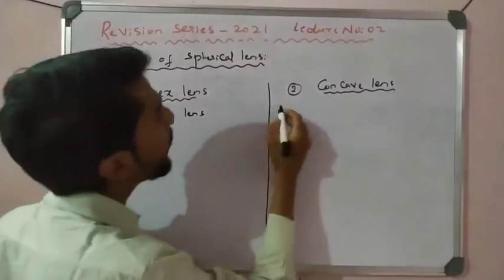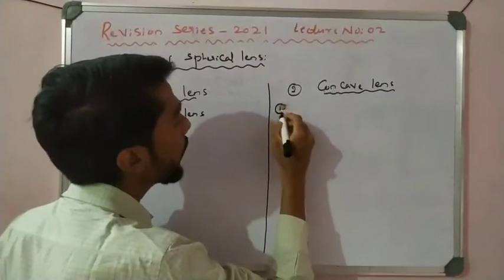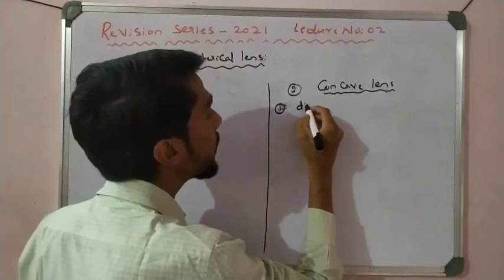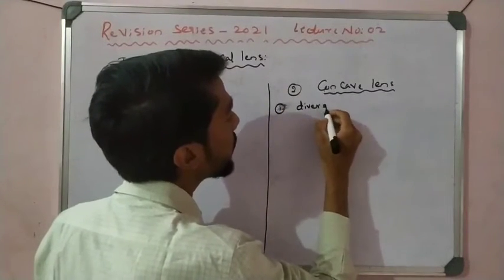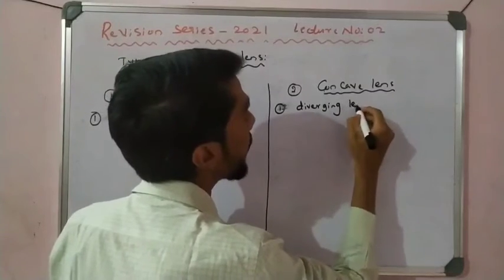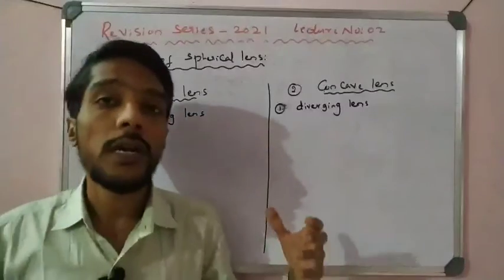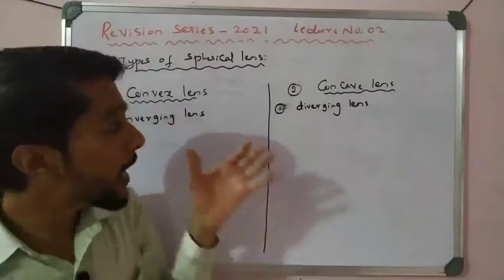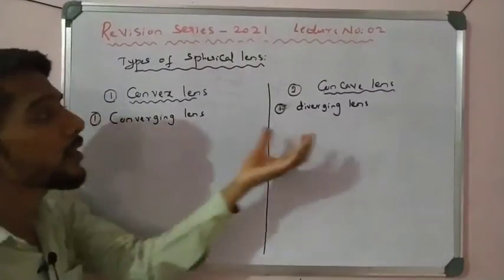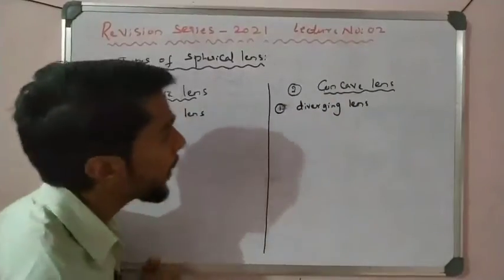And a concave lens is also called a diverging lens. During problem solving, they may give diverging lens or converging lens. The converging lens means a convex lens and the diverging lens means a concave lens.